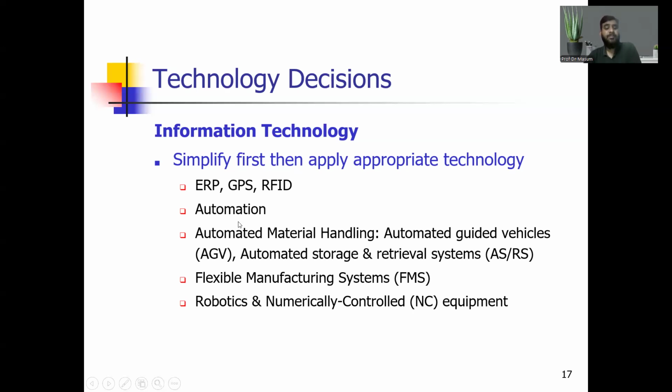So automation is the timely action, and AGV, ASRS, FMS or flexible manufacturing systems, and robotic systems are there. In Toyota, I found that robotics operations are very effective, for example robots handle the door of the car.